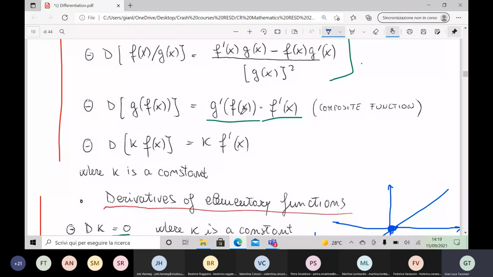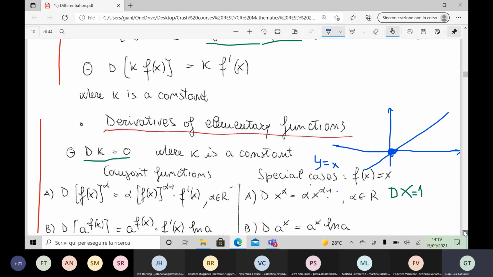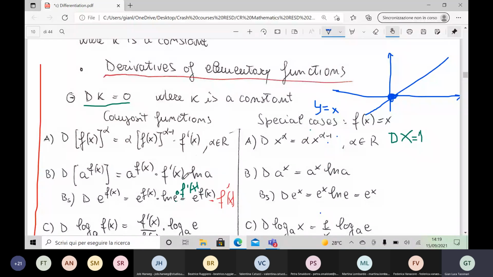In this you have nothing to understand because I'm providing you the rule, okay? Then, following this rule, we need to multiply by the inner derivative, that is the derivative of the exponent. The exponent is f of x, its derivative is f prime of x.